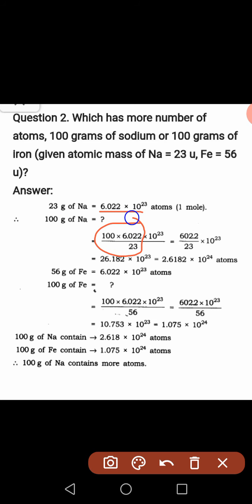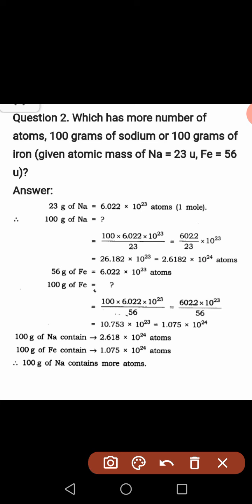Now 100 gram is given, so we multiply this by 100. Do the calculation, the value comes as this. So this many atoms are present in 100 gram of sodium.